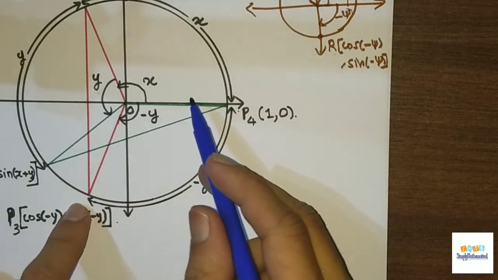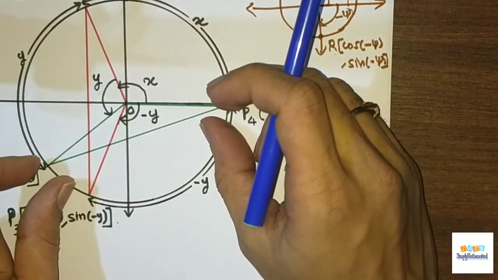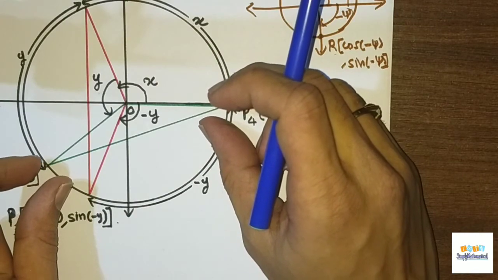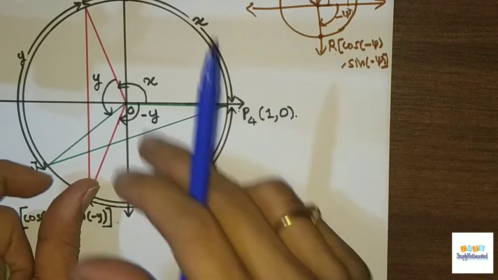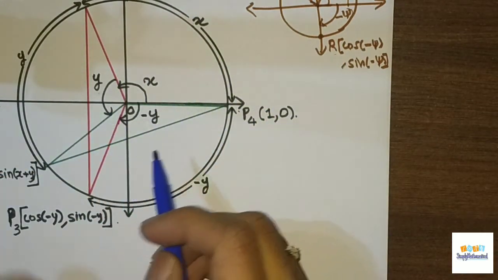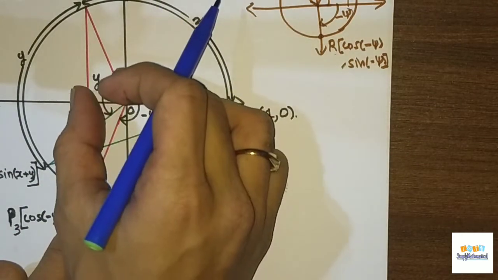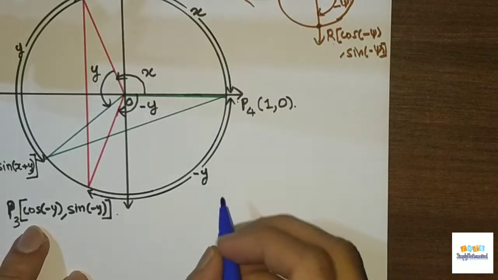Congruent means exactly the same. If you pick this red triangle and keep it on this green triangle, all the sides will match. So the triangle should match. That means congruence, right? So this red triangle should be congruent to the green triangle. Let us try to prove it.